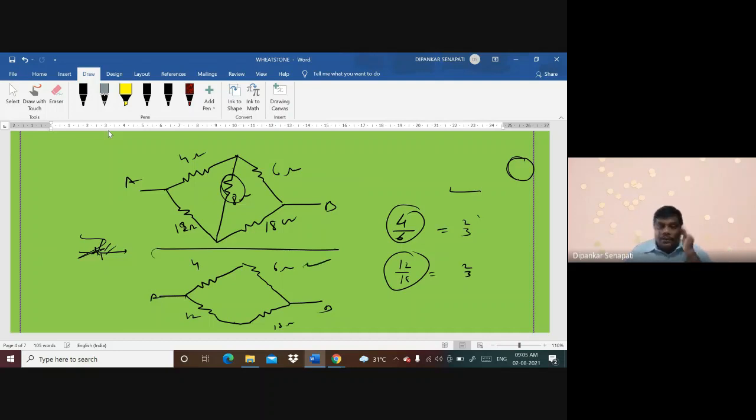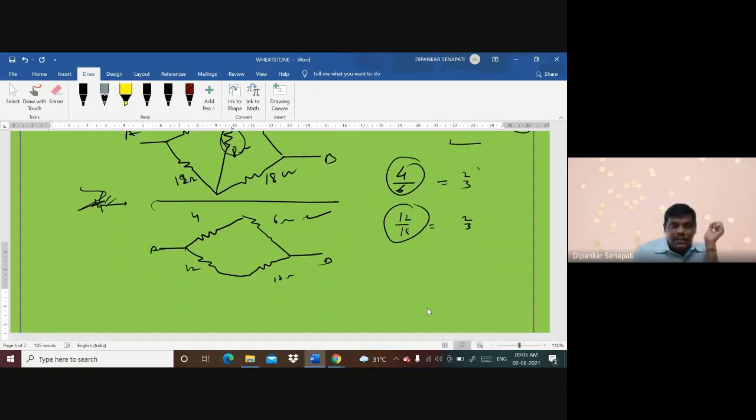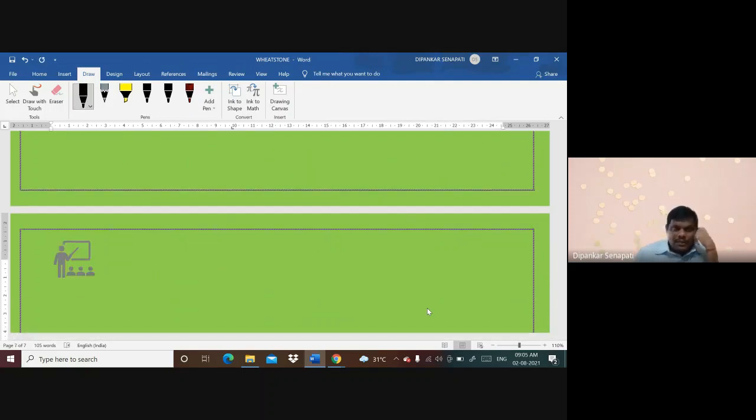Now see, Wheatstone bridge is very much sensitive. Some advantages: number one, it is sensitive enough to find the accurate resistance.